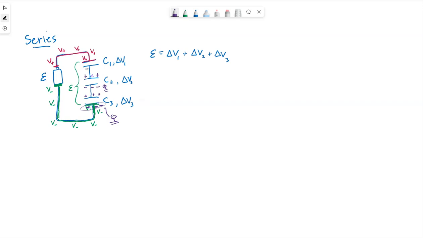The electrons that were repelled are now on the bottom plate of C1, which in turn means the positive charges on C1 are the same amount. This is something specific to capacitors in series. In series, all capacitors have the same charge. So I'm not calling them Q1, Q2, Q3. They're just all Q, the same thing.